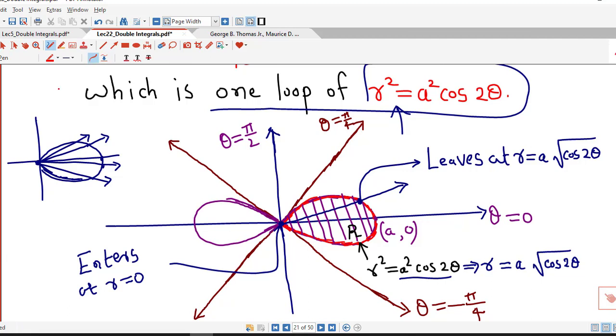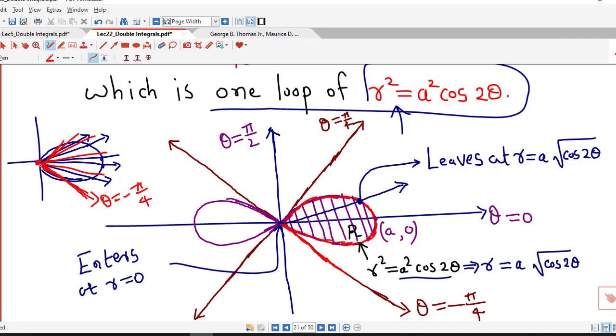Now to determine the limits of theta, we have to find the smallest value of theta. If we consider the rays starting from this point, we can see this point is on the line theta equal to minus pi by 4. So we will start from this point. At this point theta is minus pi by 4, and then we will increase in this direction, theta will increase, and we have to go up to this point again.